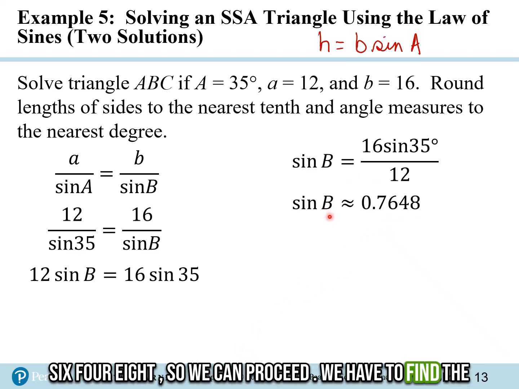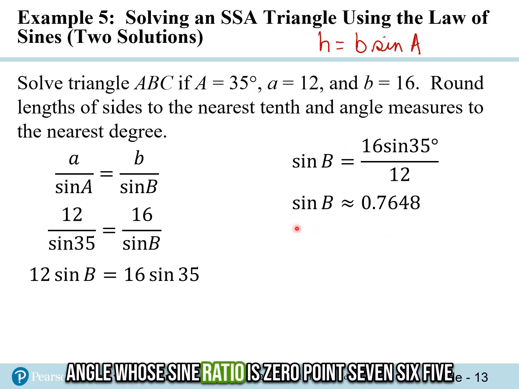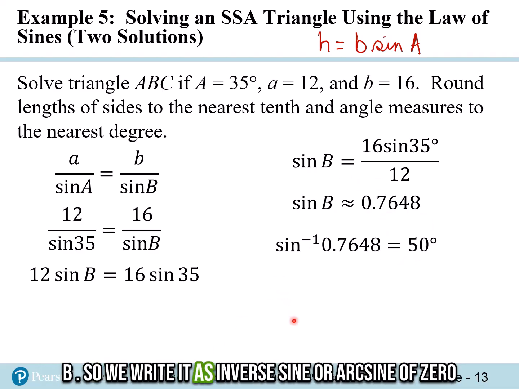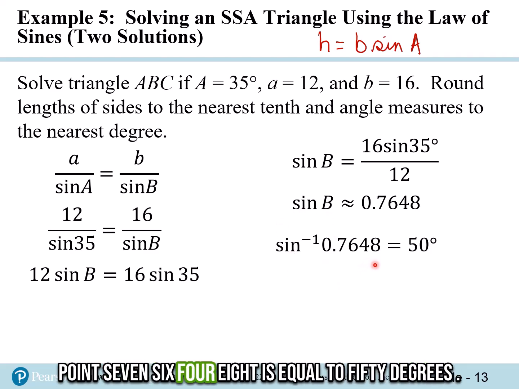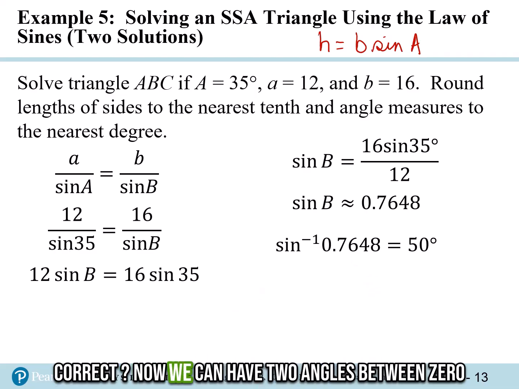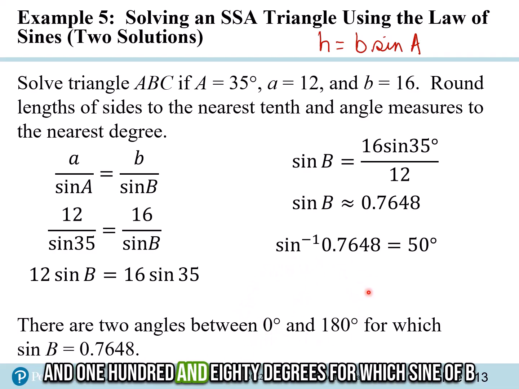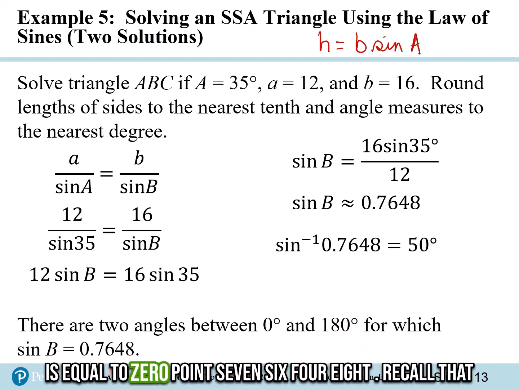We have to find the angle whose sine ratio is 0.765 approximately, and that would be the measure of angle B. So we write it as inverse sine or arc sine of 0.7648 is equal to 50 degrees. Correct? Now, we can have two angles between 0 and 180 degrees for which sine of B is equal to 0.7648.